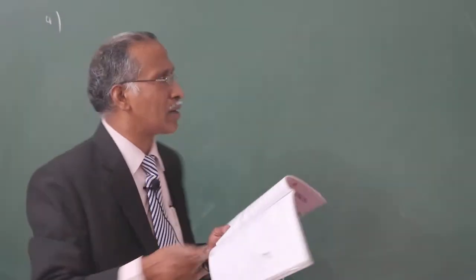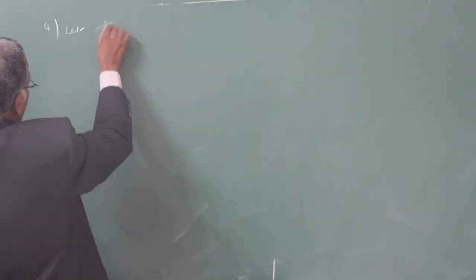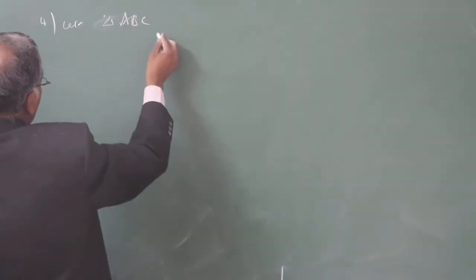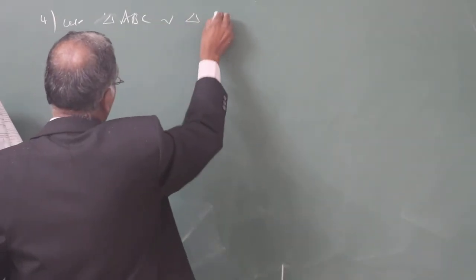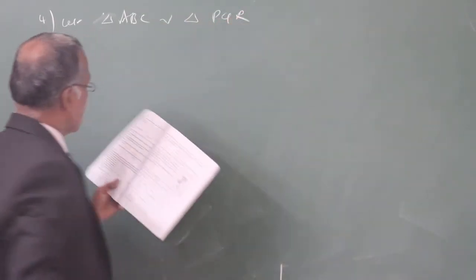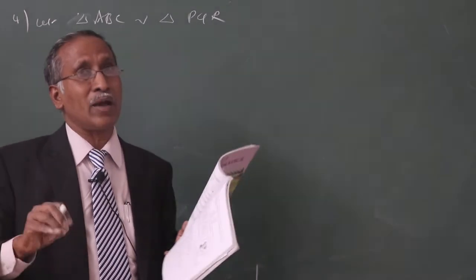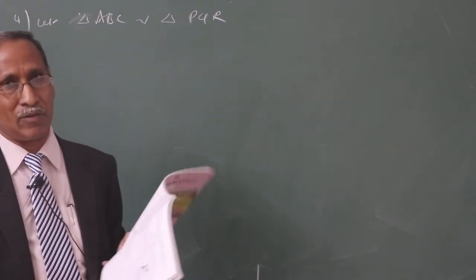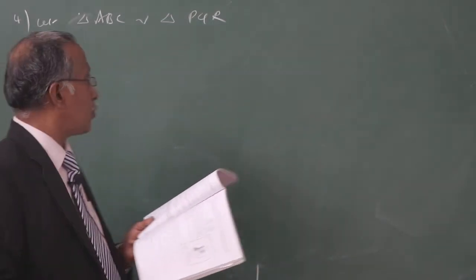They are given two similar triangles. Let triangle ABC be similar to triangle PQR. They are given that the areas are equal. Prove that they are congruent. How do you prove this now?